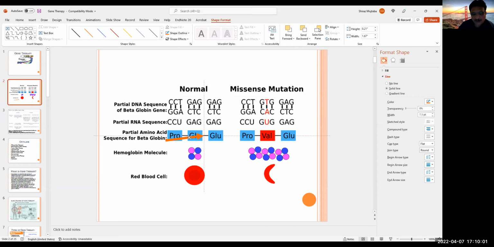If you compare, glutamic acid has a longer side chain, and valine has a much shorter side chain. So there's a shock to the protein, and because of this, the spherical hemoglobin becomes crippled, crescent shaped.